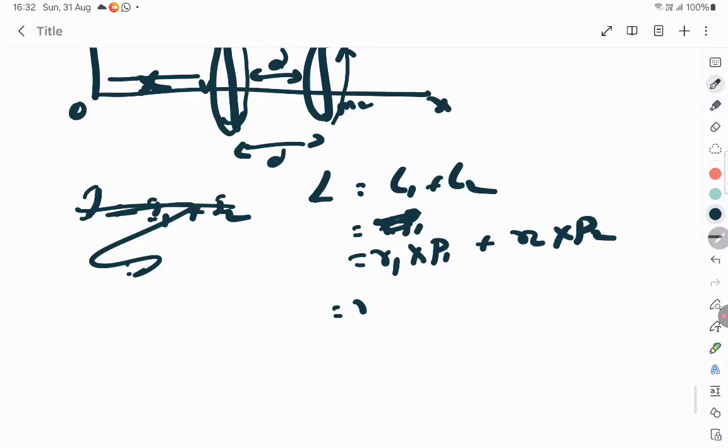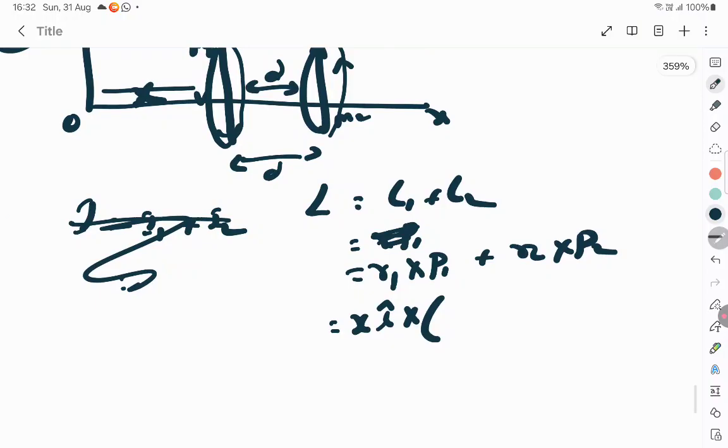What is R? Position vector, which is x into i cap, cross momentum, which is mass into velocity, whose direction is negative. It's coming down, right? So it's the negative y direction. So we can say minus mv into j.